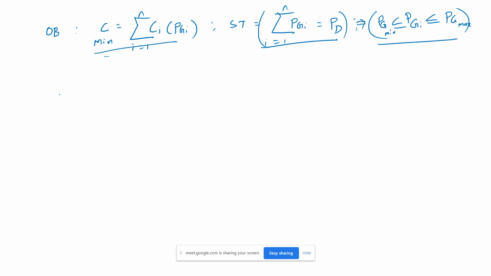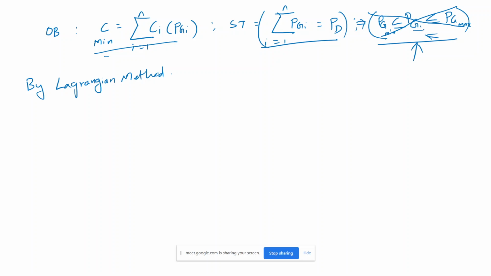Now coming to the Lagrangian method, let's write the augmented equation first. What is the augmented equation? For now we omit this limit constraint, because the generator is not going to be operated more than rated, since we know the range of our operation.